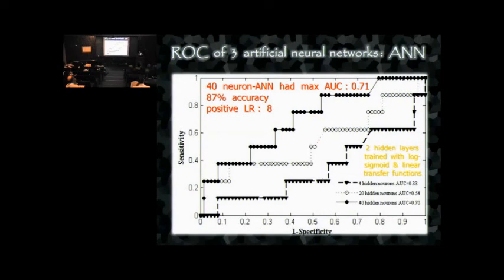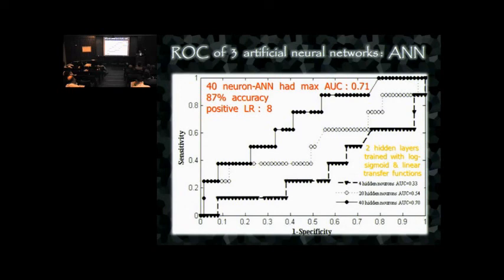I don't know if I need to remind you of this curve. On the left side, we have sensitivity. This is the receiver operating characteristics curve that was originally used for radars. And this is a very useful instrument for clinical research as well, and for evaluation of tests. A good test is one that has a very good sensitivity and a very good specificity at the same time.